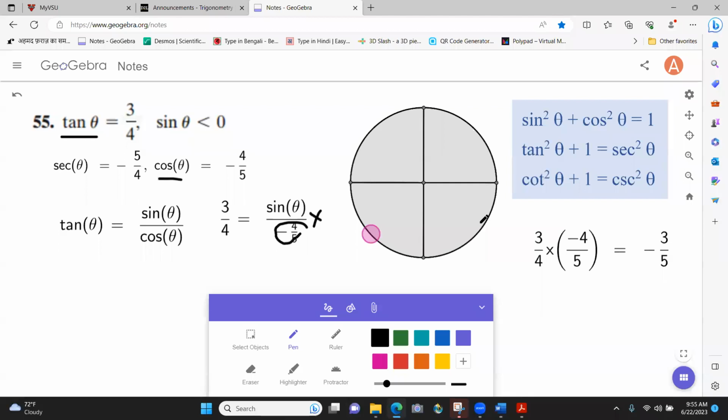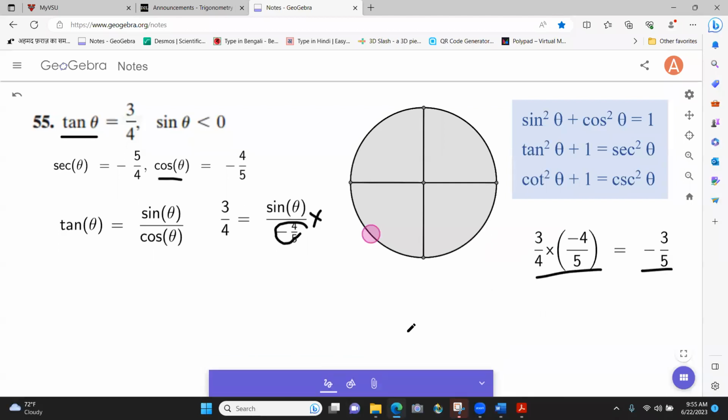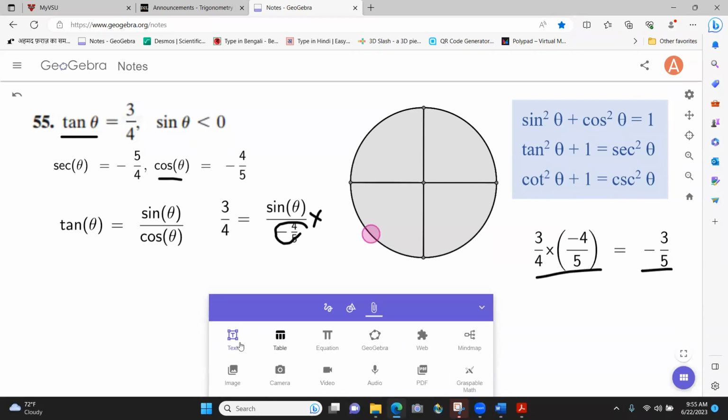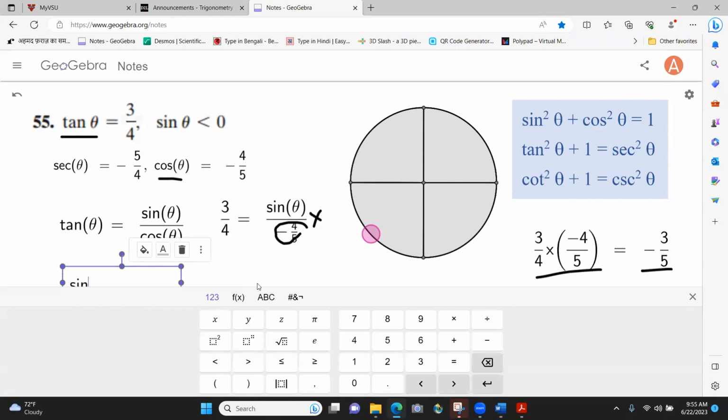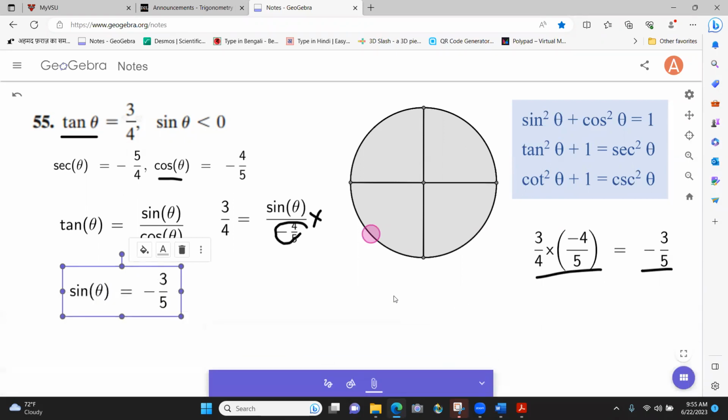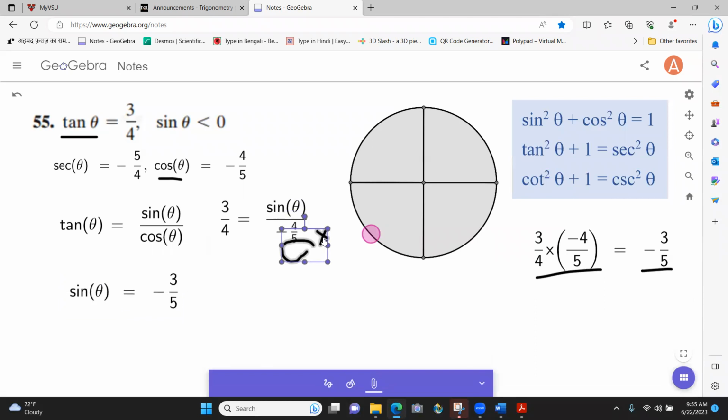And if you multiply, trust me, you're going to get negative 3/5. So that tells me I'm actually doing not too bad. It's not as bad as we think, actually. And -3/5. All right, so now I have sine, guys.